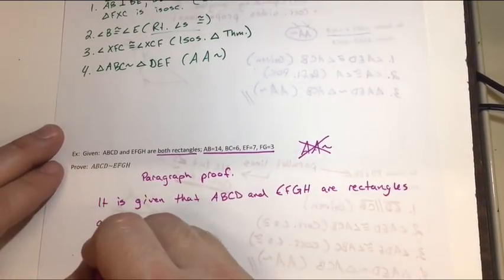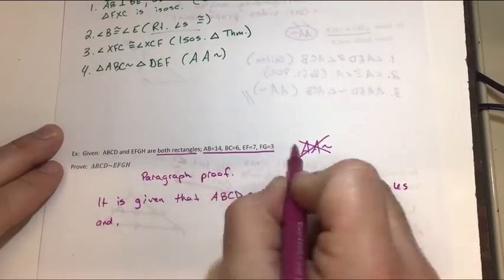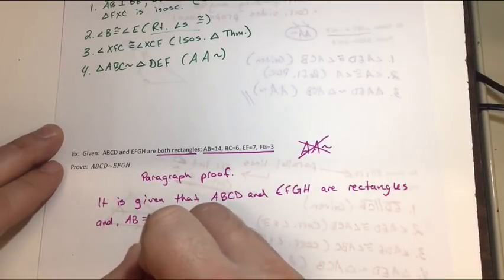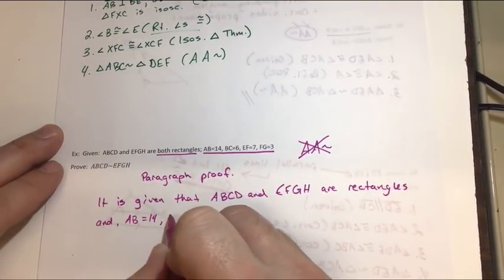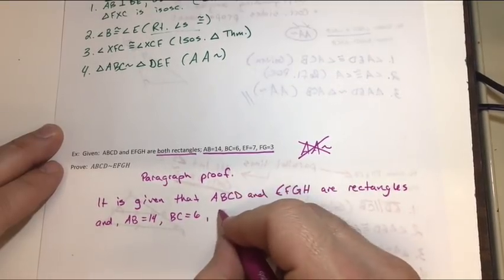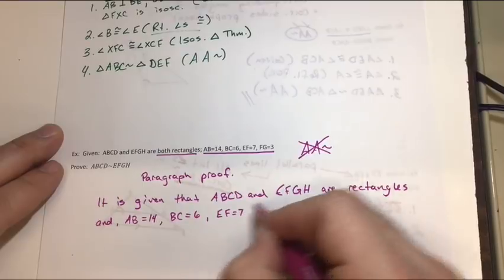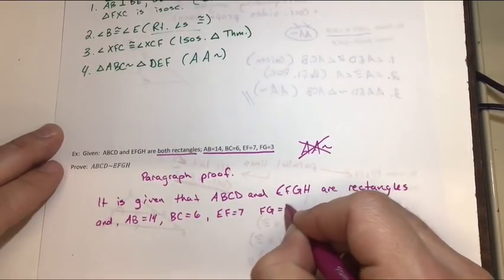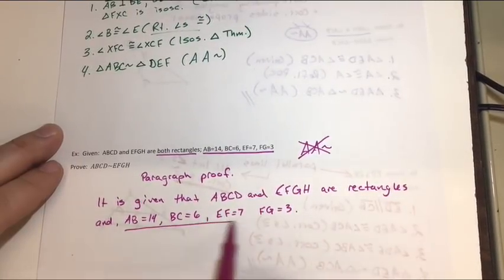And we're just going to write that AB equals 14, BC equals 6, EF equals 7, and FG equals 3.